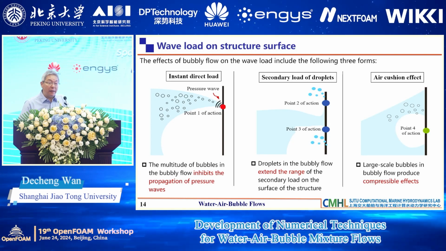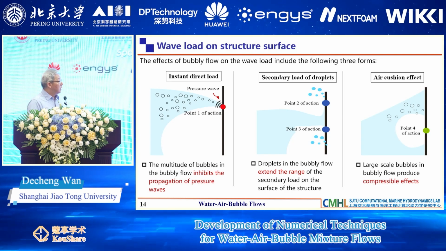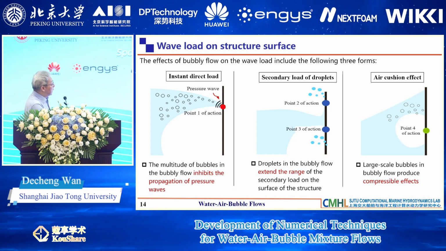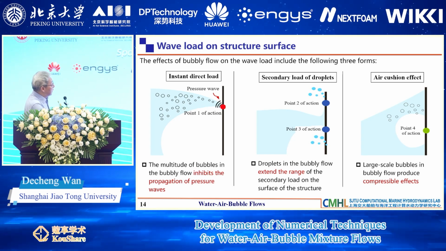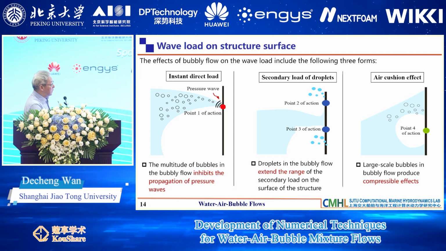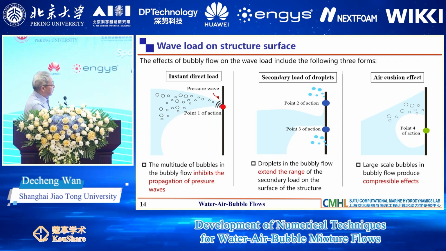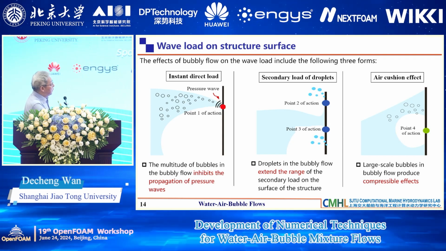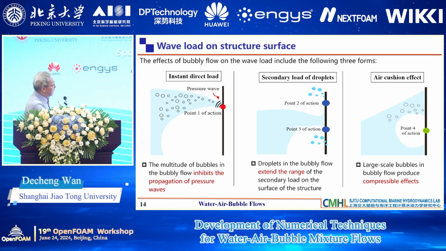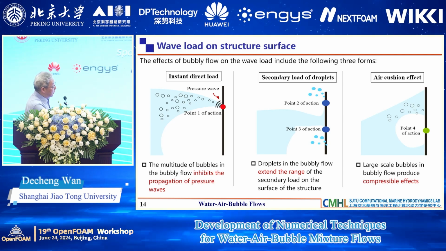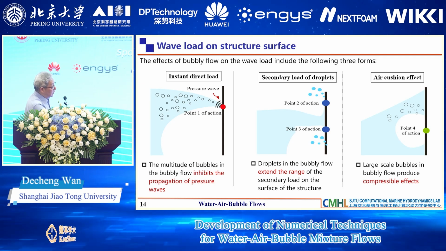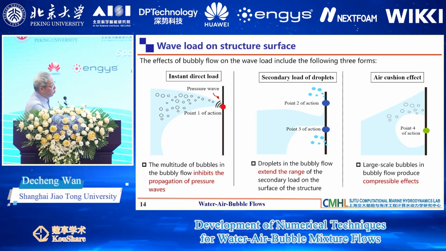Another thing is the impact force. So you can see the bubble flow working on this structure. If they have this mixture flow, you can see this process contains three stages. First is the instant direct force here, and then second is the load of the droplet, and then the third is the air cushion effect.